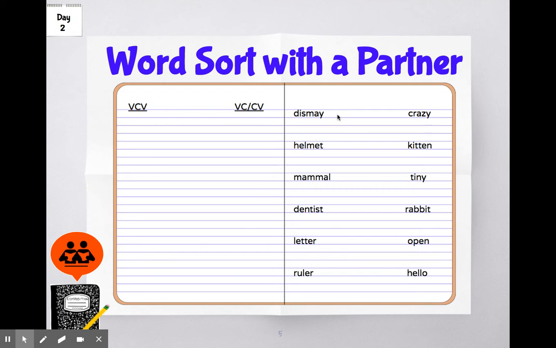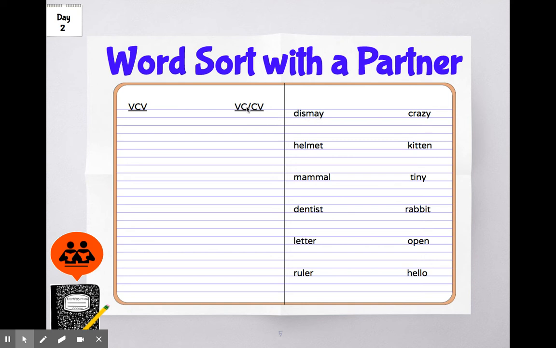Okay, now we're going to do another word sort, kind of like you did yesterday, and decide if these are VCV or if they're VCCV. So I have dismay. I have my vowel, which is I, S and M, which are consonants, and A, which is a vowel.